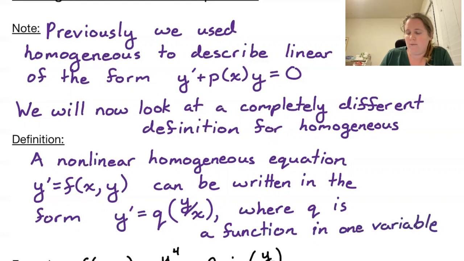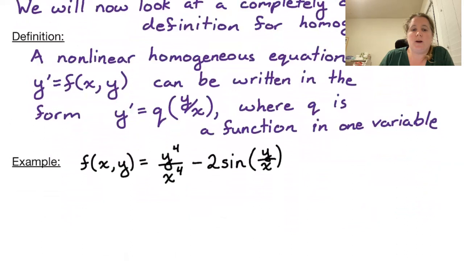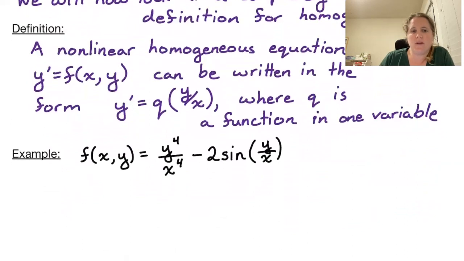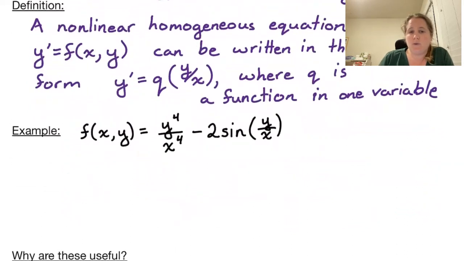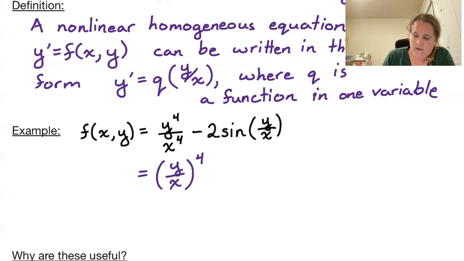So for an example of a function in x and y that can be written in this form, f of x comma y equaling y to the fourth over x to the fourth minus 2 sine of y over x. This is y over x raised to the fourth minus 2 times sine of y over x.